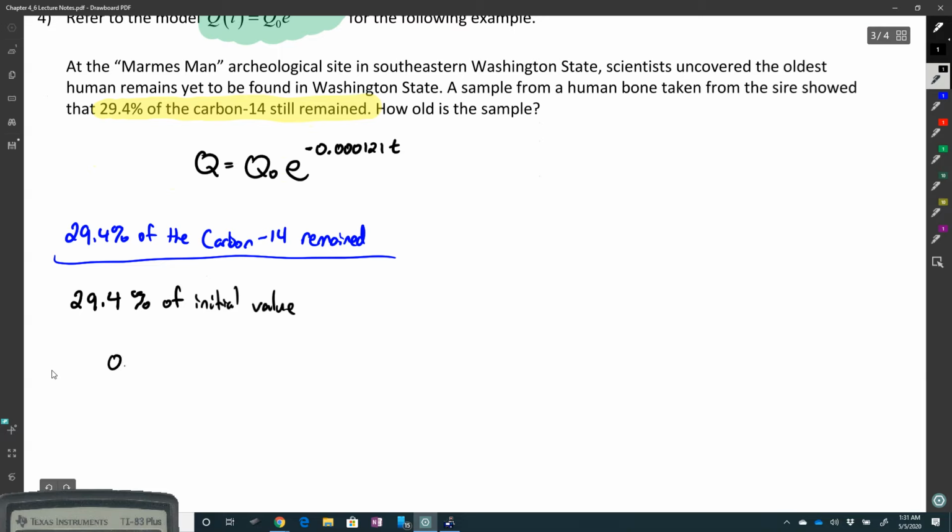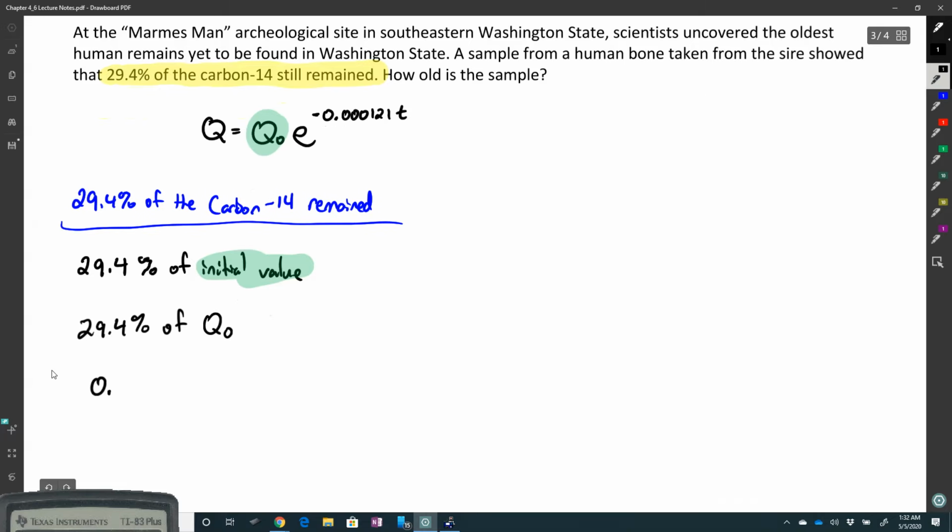But the initial value is Q naught. That's what the naught means. It's where it starts. Sorry, I feel like I'm not doing a very good job right now. 29.4% of Q naught. Well, I can convert that. That's just 0.294 times Q naught.